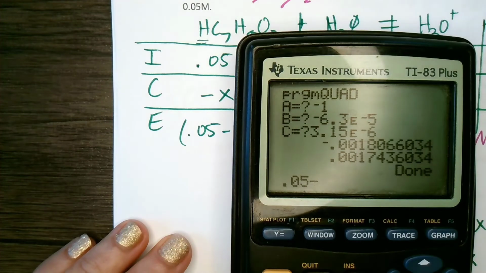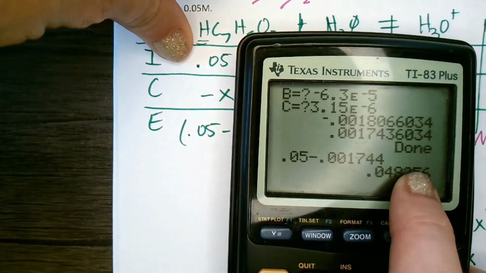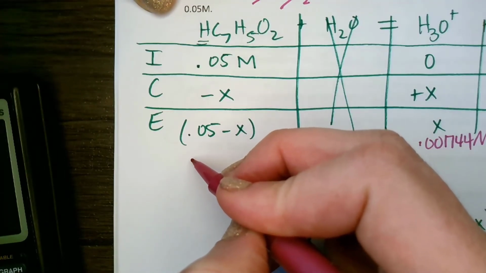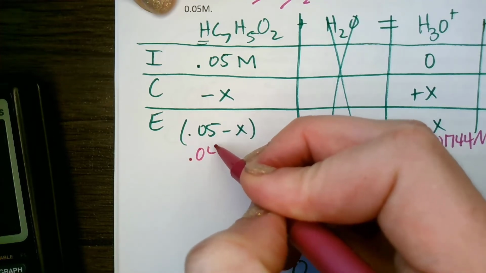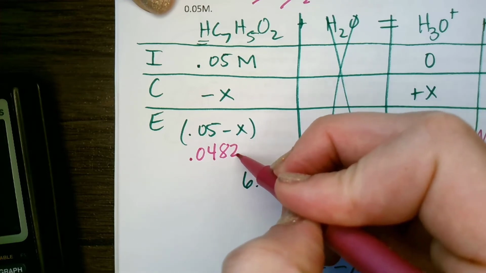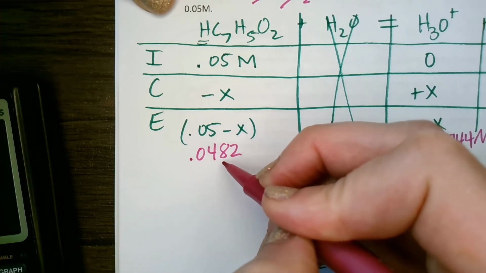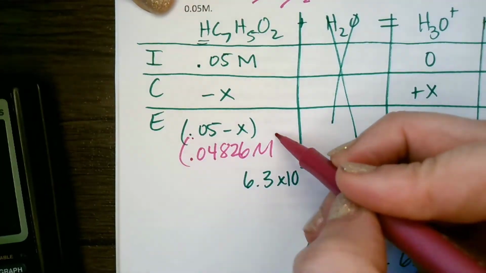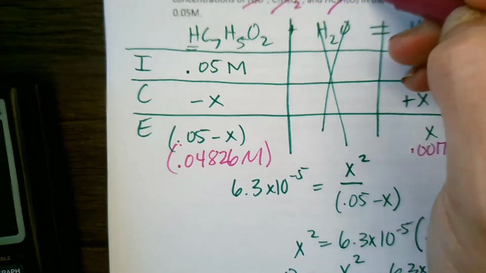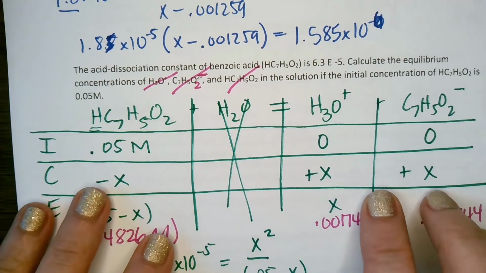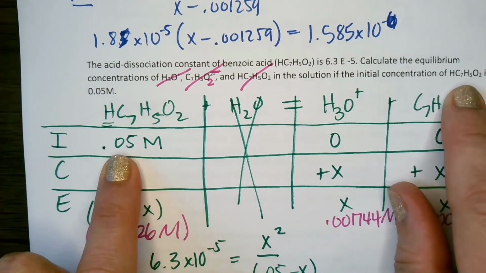So we're going to do our 0.05 minus that X. 0.05 minus 0.001744, and our concentration for our benzoic acid would be 0.04826. And that takes care of all of our equilibrium concentrations.